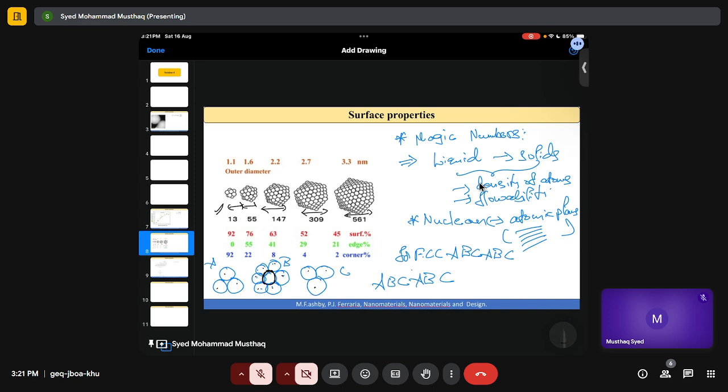These numbers of atoms come close together to reduce surface energy. You can see how the surface energy is decreasing, because decreasing corners and edges also reduces your surface energy.